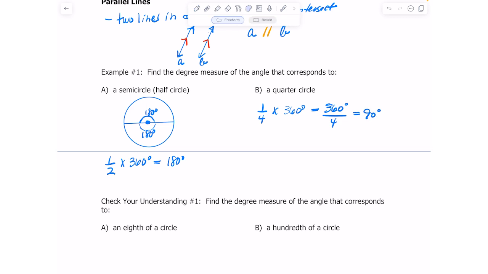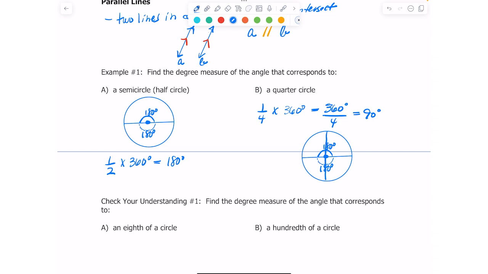If I take this picture and duplicate it here to give you an idea, there's my 180 degrees, right? That's broken in half. What if I break it into quarters now? Well, let's think about this.